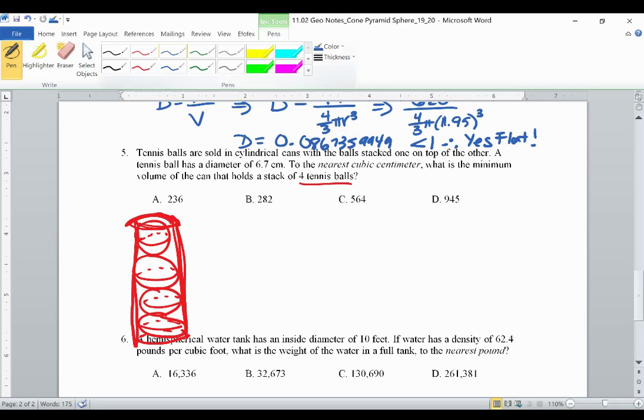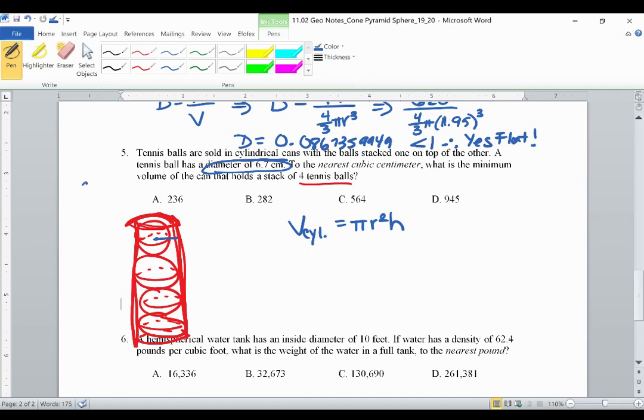Okay, we want to know the volume of the can. So we know the can is cylindrical. So the volume of a cylinder is area of the base times height, or just pi r squared h. And that one's given to you. So in order to find this volume, I need the radius and I need the height. Well, they give us the diameter of our tennis ball is 6.7 centimeters.